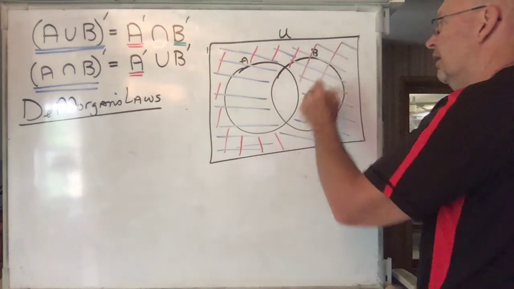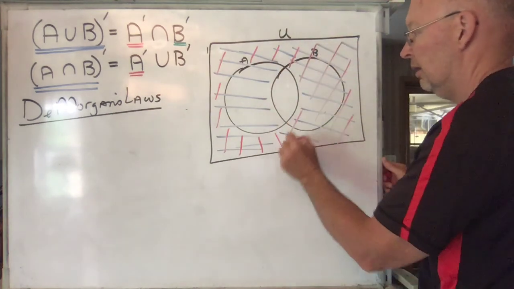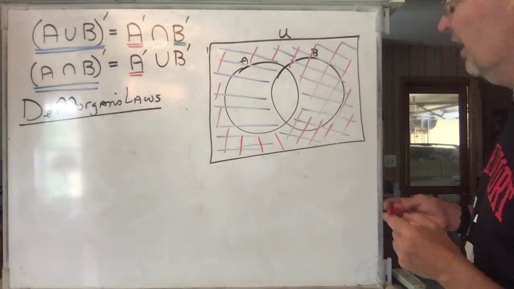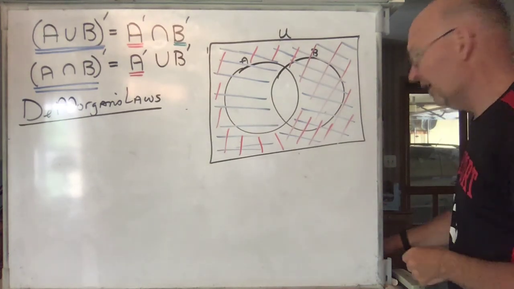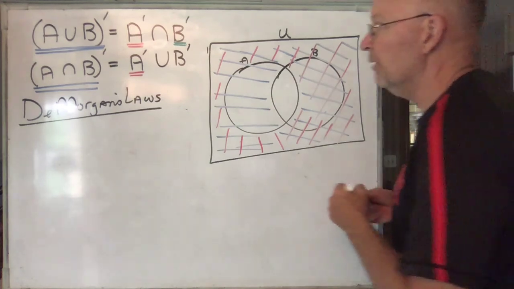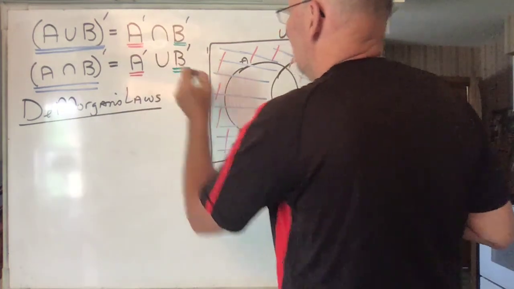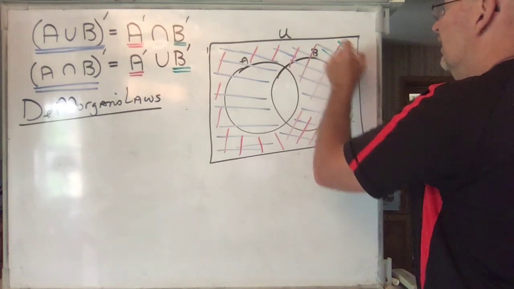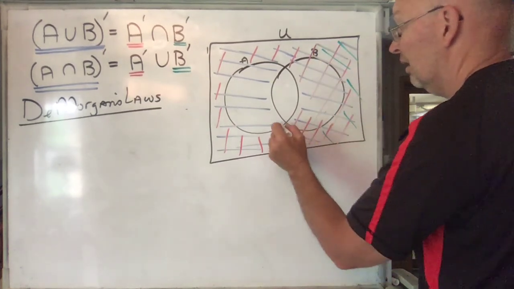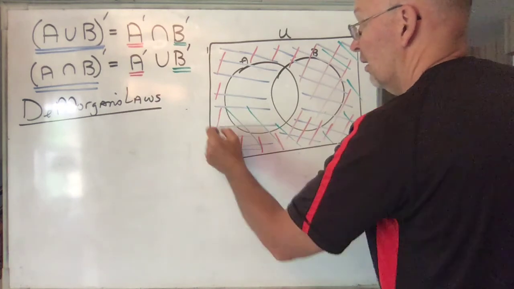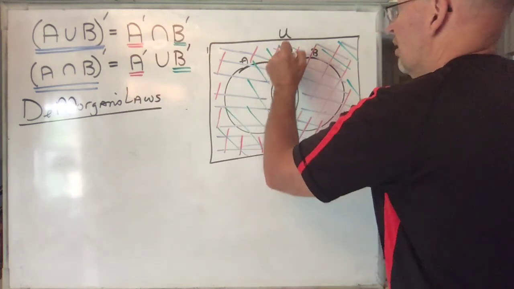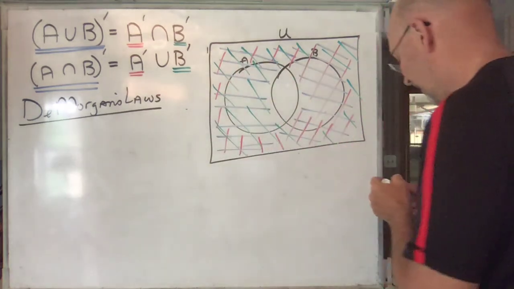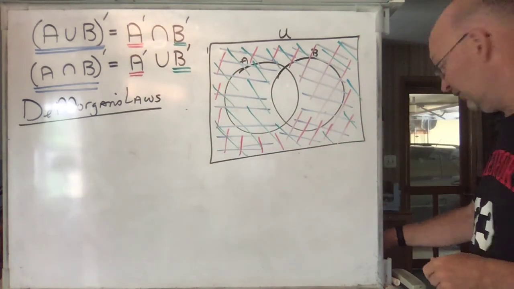Everything that's not in A. That's everything that's not in A. And then you want everything that's not in B. Everything that's not in B. So let's do that. Everything here. It's not in B.